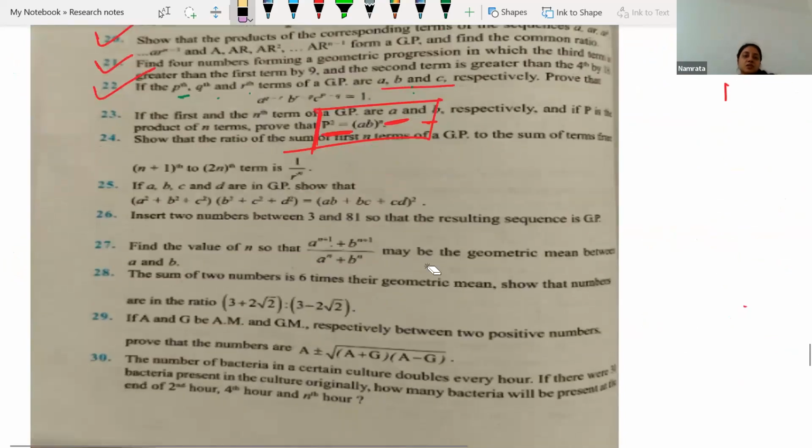The next question says, show that the ratio of the sum of first n terms of a GP to the sum of terms from n plus 1 to 2n. What exactly is written? Let me check the question.